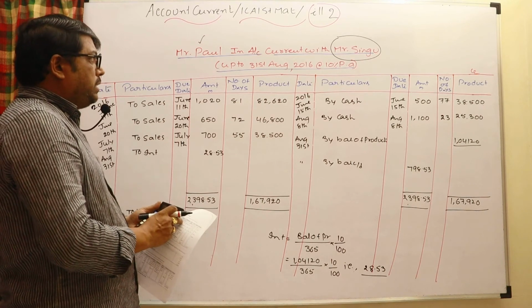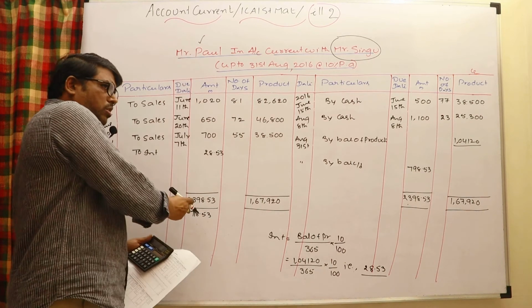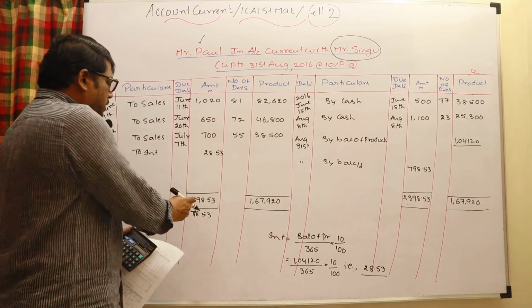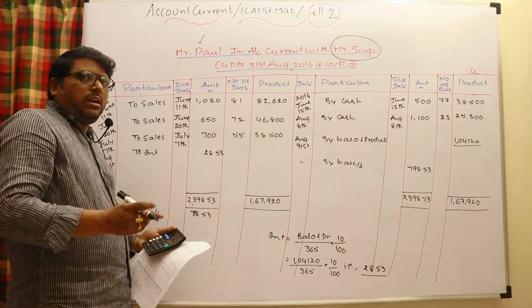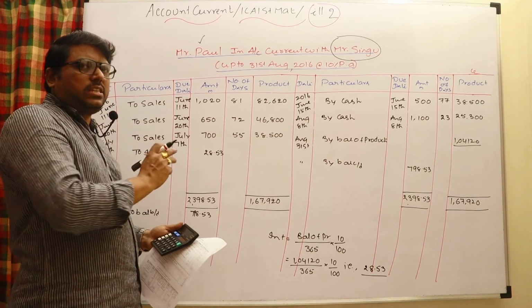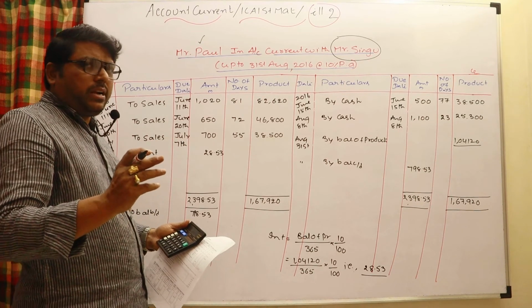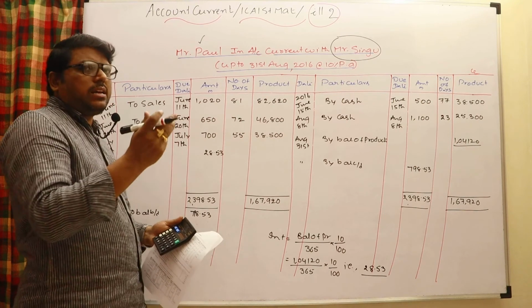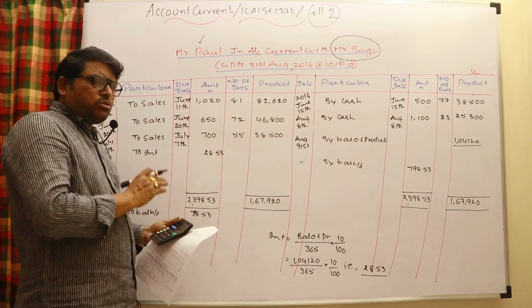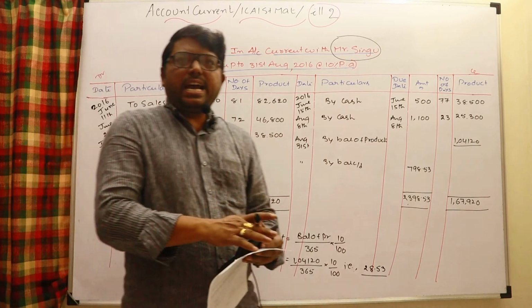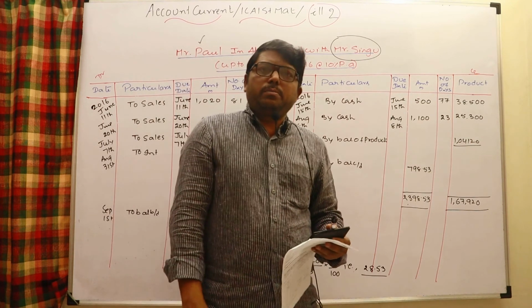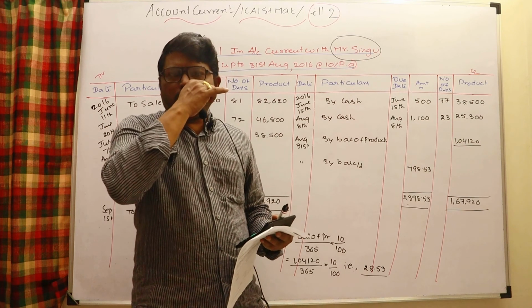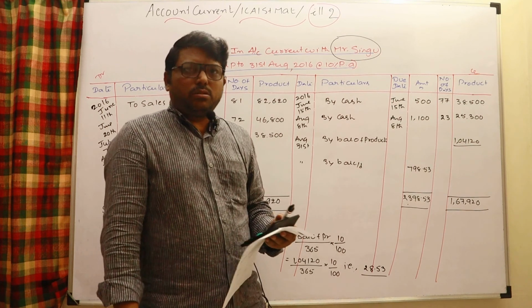What I can say by this is Paul is a debtor to me at the end of the period for the amount of 798.53, including interest, for all the transactions which have taken place during the period, whether debit items or credit items. Almost all account current problems are to be carried out in a similar way. Very simple and easy to handle. Remaining problems related to account current we can discuss in the next class. Okay, bye.